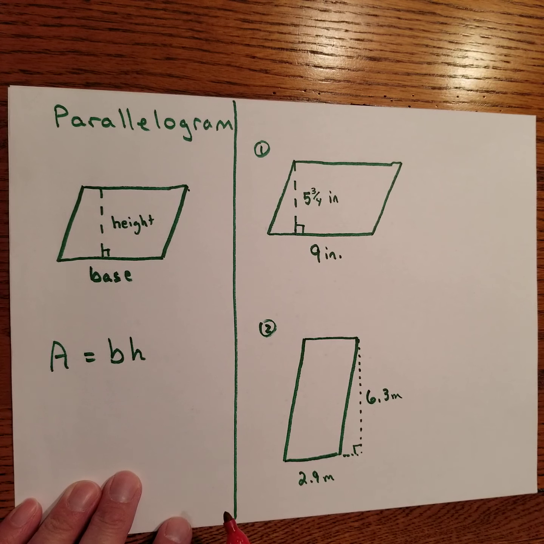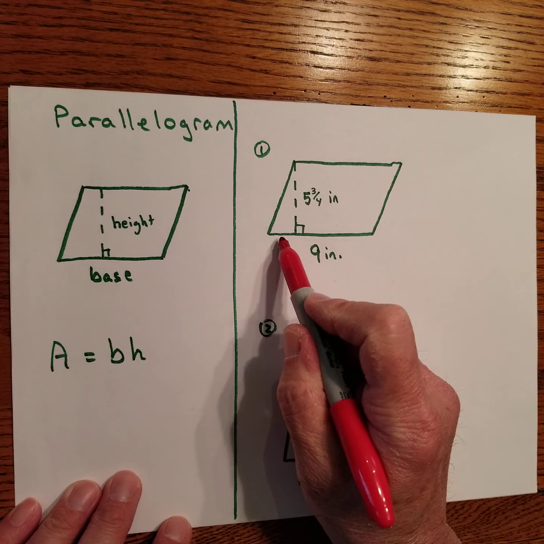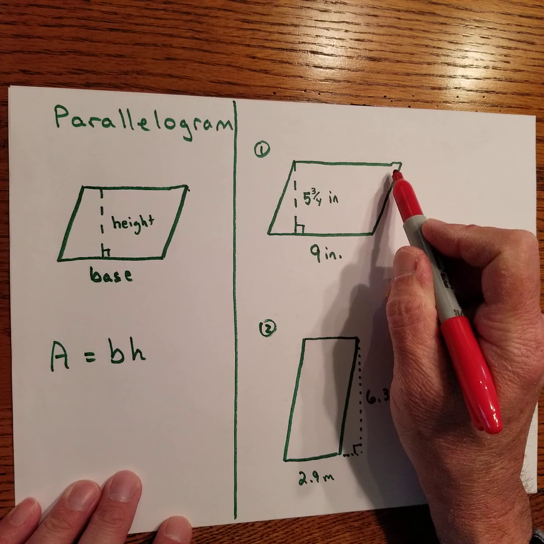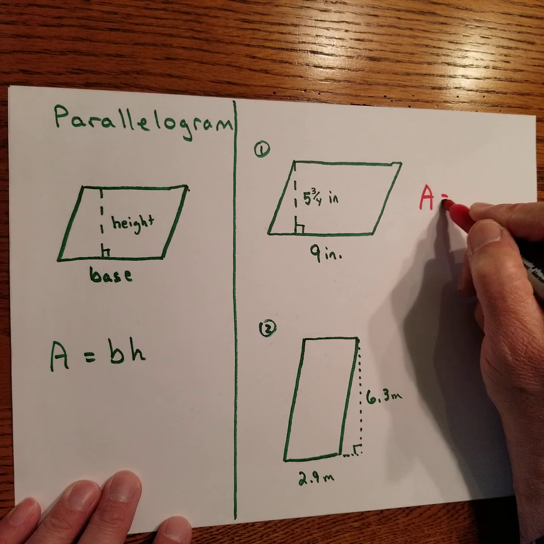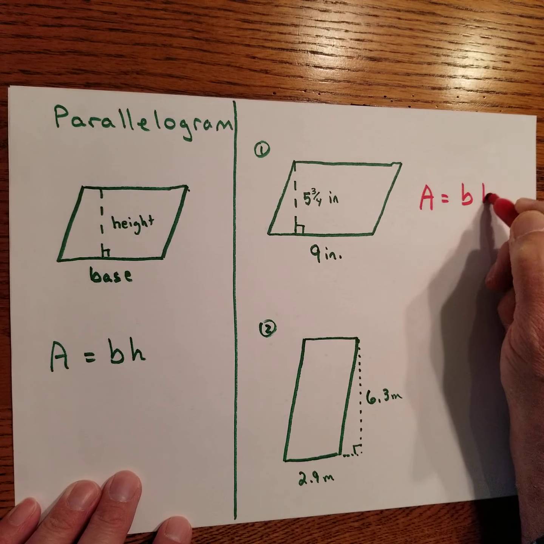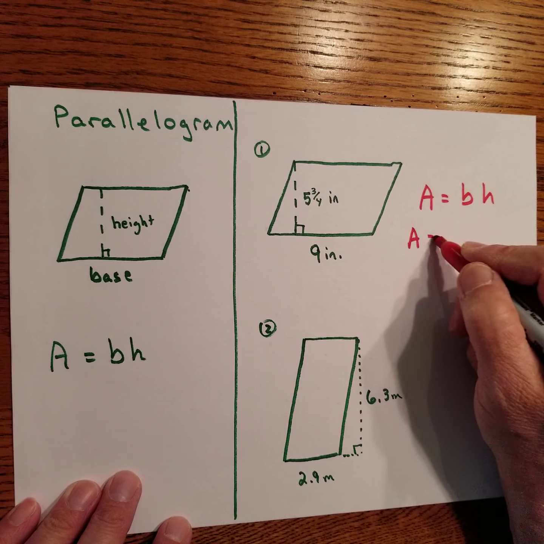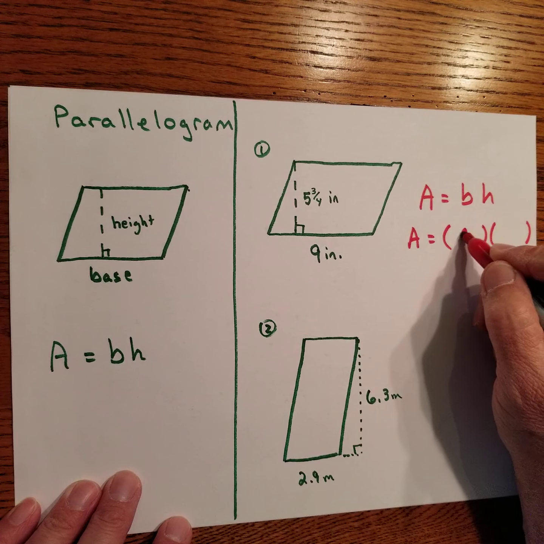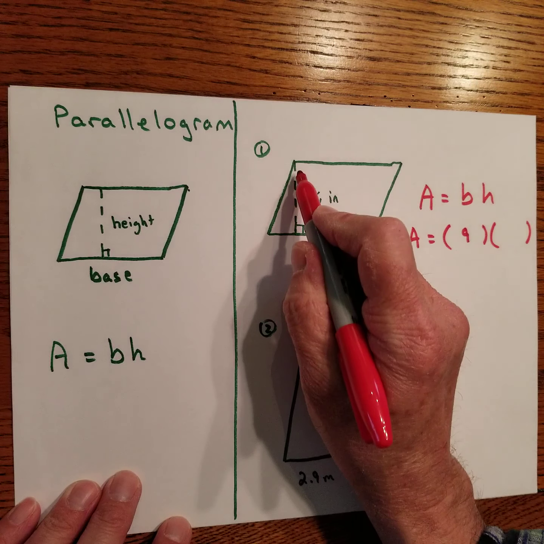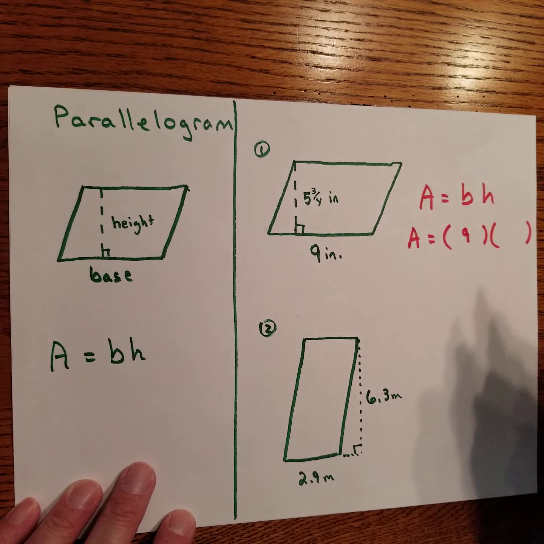Let's try number 1. It's a parallelogram because the bottom and top are parallel, the left and right are parallel. Area is base times height. The base is 9. Here's the height. It's 5 3/4.